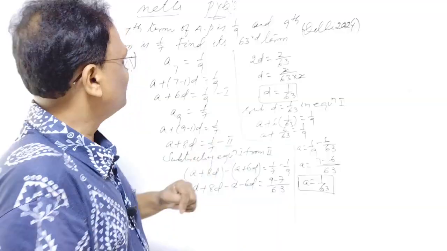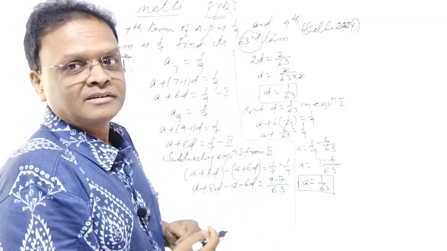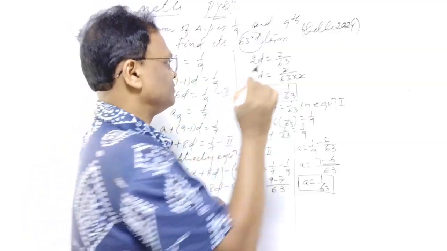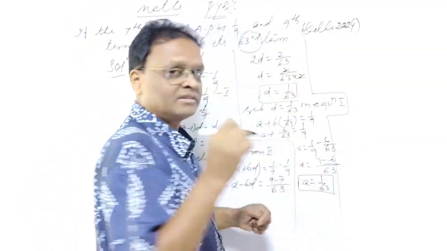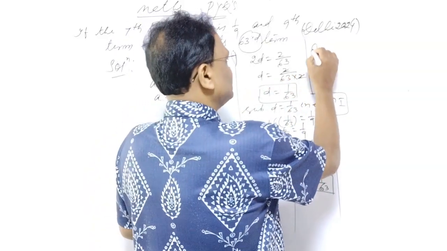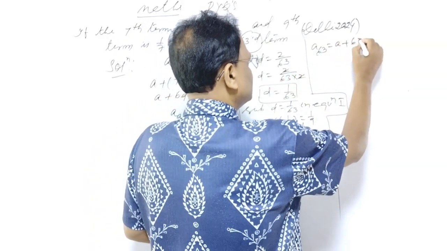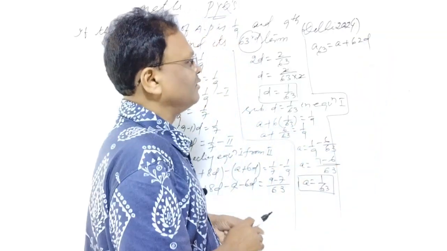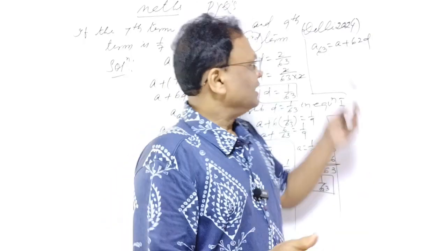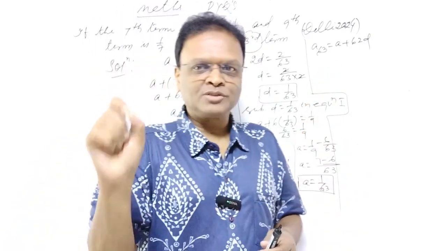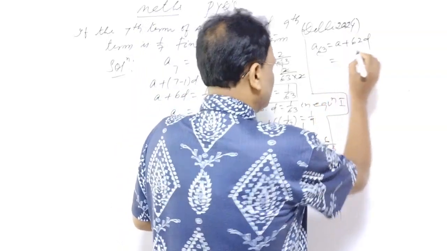Now, which term to find? It is asking to find its 63rd term. What is the formula? A63 is equal to A plus 62D, because the formula is A plus (n minus 1) into D; here n is 63, and 63 minus 1 means 62 into D. What is my A?